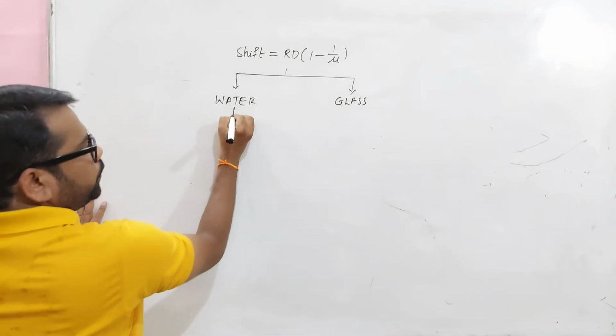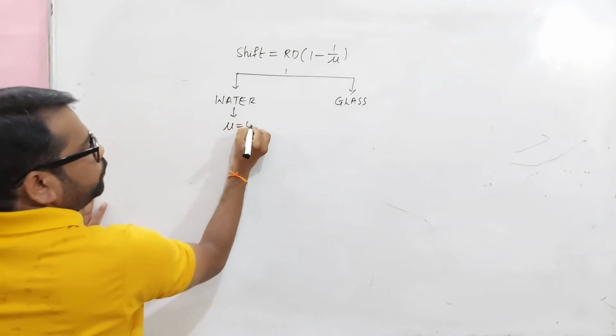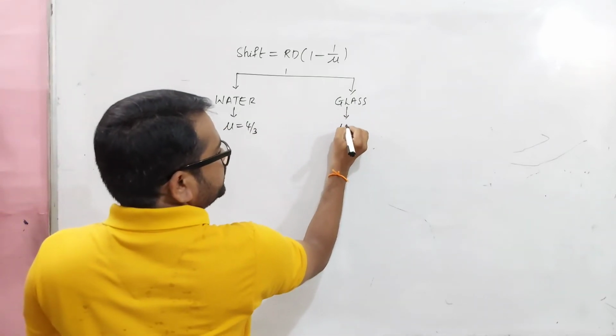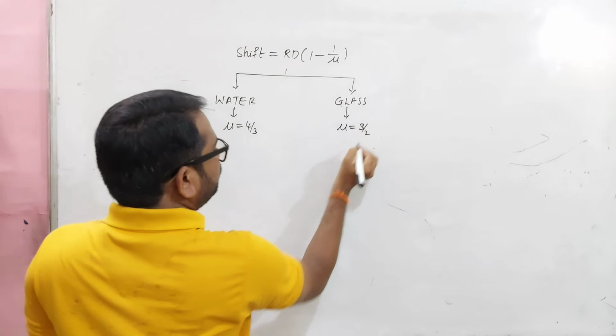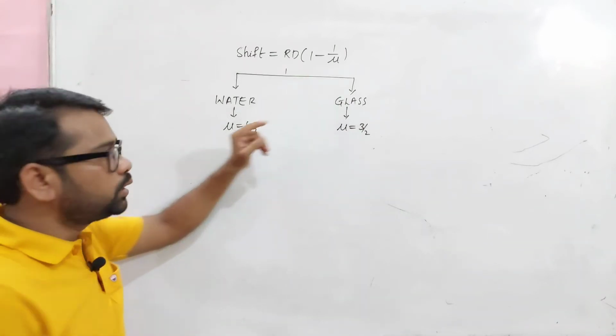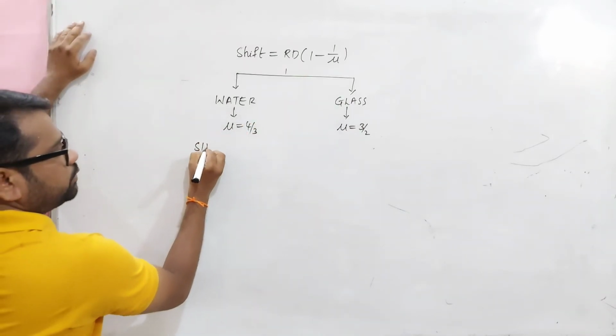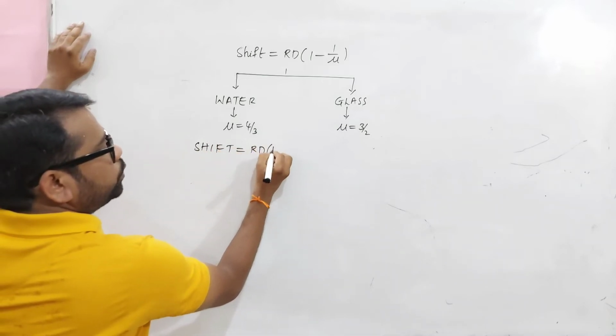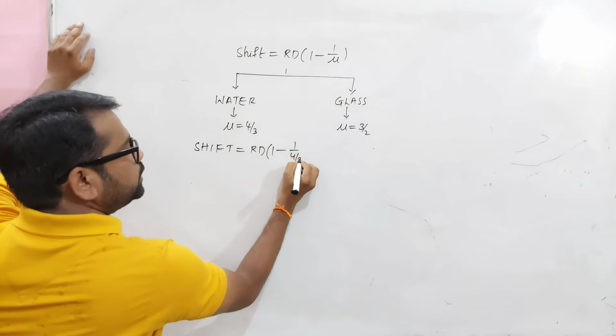Children, we know that for water, the refractive index is 4 by 3, whereas for glass, the refractive index is 3 by 2. Now, let us substitute these values individually. Shift is equal to real depth into 1 minus 1 by 4 by 3.